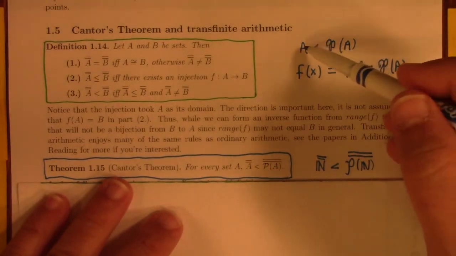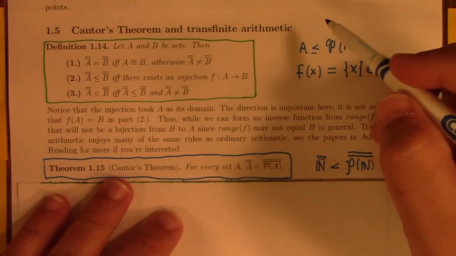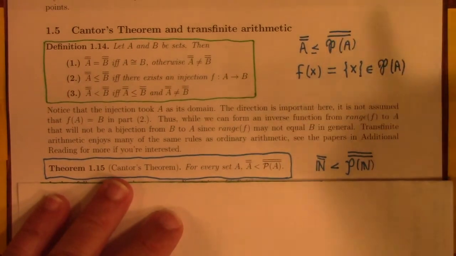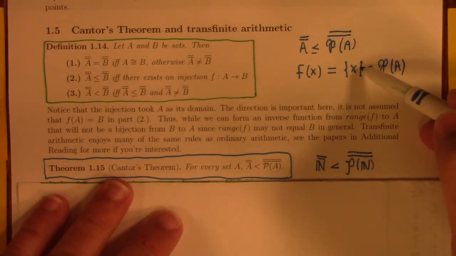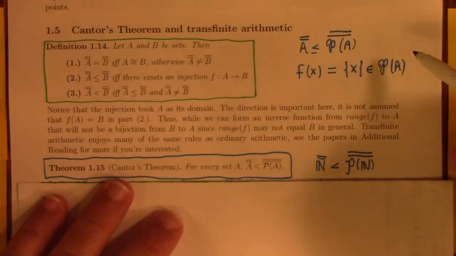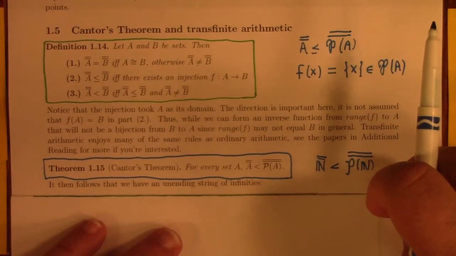So it's almost trivial to prove that the cardinality of A is less than or equal to the cardinality of the power set of A, because this mapping member goes to its corresponding singleton in the power set is an injection. But the fact that they're not equal, well, that was the genius of Cantor. All right.